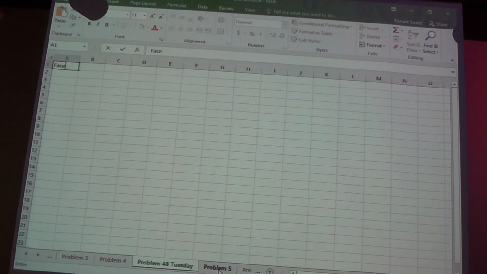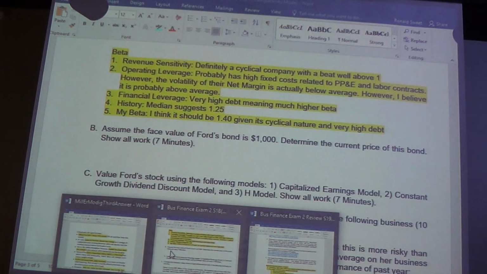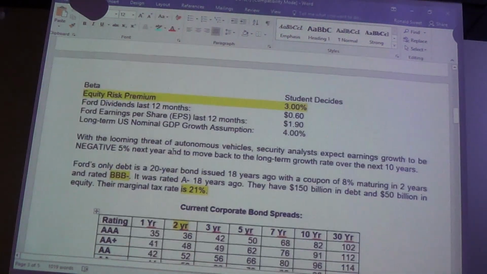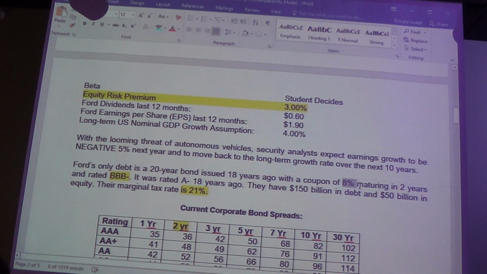So the face of the bond, we assume that's $1,000. The coupon of the bond, go back to the problem. You go look it up. There's a 20-year bond issued 18 years ago with an 8% coupon.